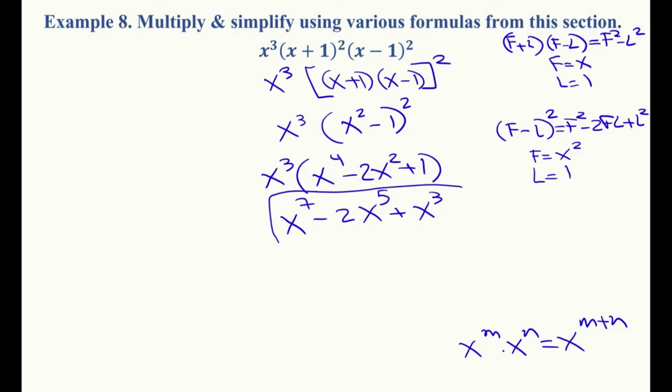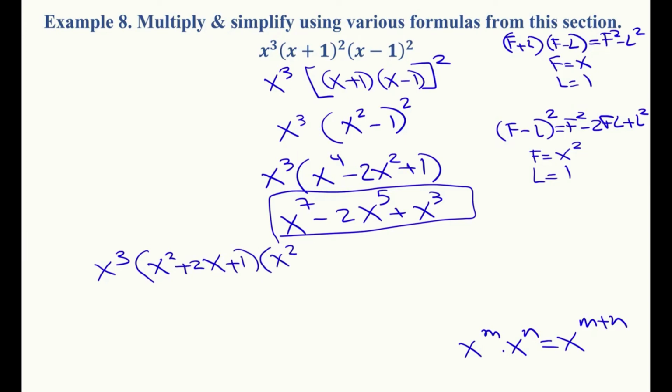So, of course, some of you may have done this. You may have done x cubed times, went ahead and used the square of a sum formula to get x squared plus 2x plus 1, and then used the square of a difference formula to get x squared minus 2x plus 1, and then gone ahead and taken care of this multiplication using a table, and then distributed the x cubed.